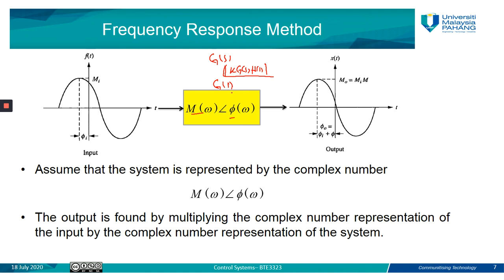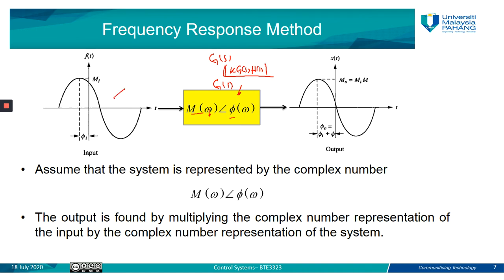This refers to the component of the system itself, and it will be given. That means they will say that the transfer function for the system is represented by this value in terms of s, and then you just replace the value of s by omega, the frequency.